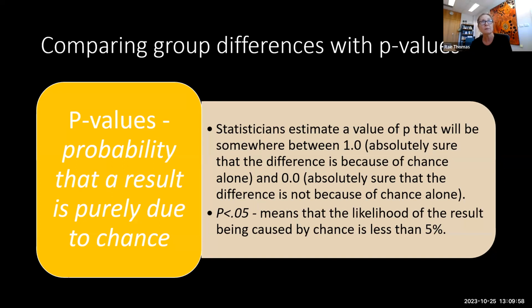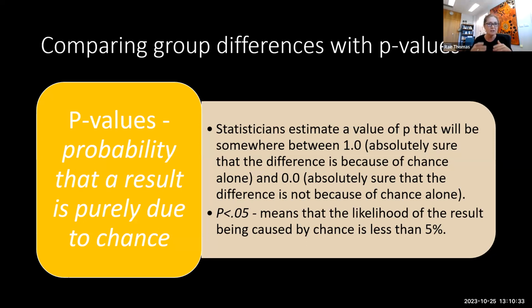Statisticians estimate that the value of P will be somewhere between 1, totally sure that the difference is caused by chance alone, or 0, totally sure that it's actually not because of chance, that something is happening with the data. So when you get a p-value of less than 0.05, it means the chance of that result being caused by chance is less than 5%, because 0.05 is 5%.